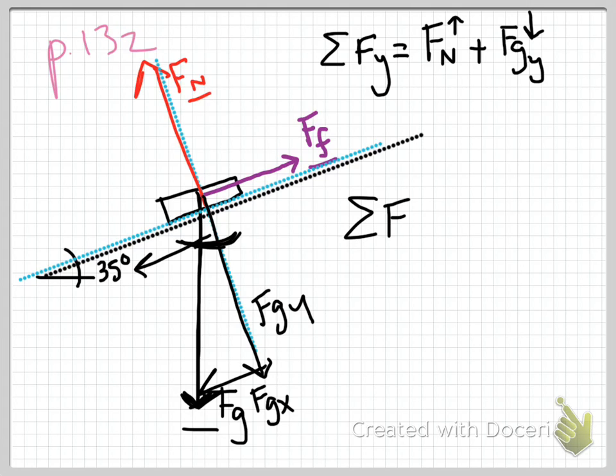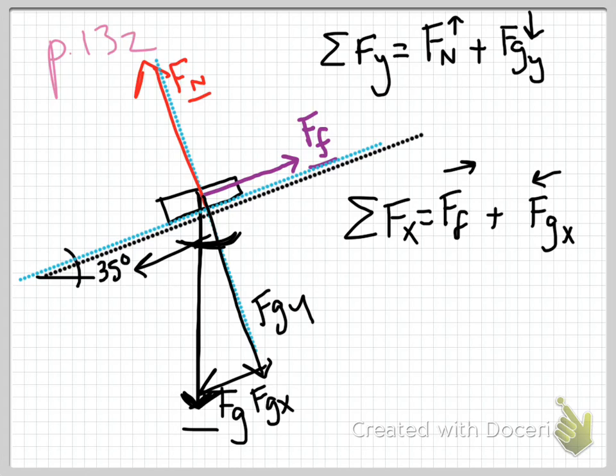Now we're going to look at the forces on the x-axis. And the first force that I see on the x-axis is the force of friction, and that's pointing up the slope. And then I have the force of gravity pointing down the slope. I'm sorry, gravity on the x. So how do I create an expression for force of gravity on the x? Well, everything that you learned about vector analysis in the last chapter.